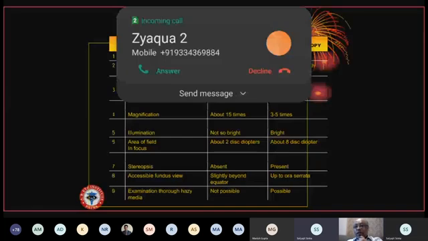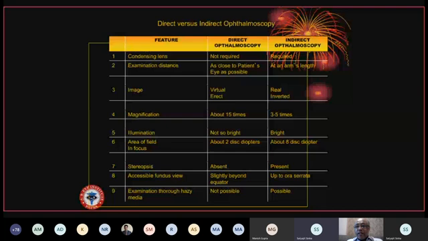Aphakic patients are very difficult to come by nowadays, but get hold of an aphakic patient or a good pseudophakic patient with a very well dilated pupil. In those patients, ask the patient to look far. Yes, Satyat.